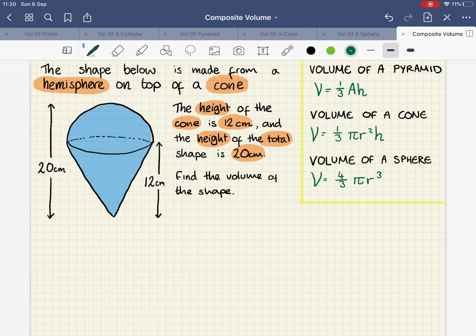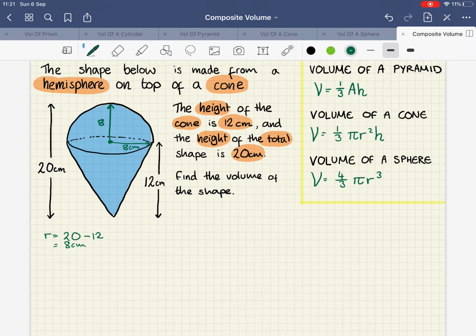So all I need to do is take the height of the total shape and take away the height of the cone, which is going to give me 8 centimeters. So my height here is 8 centimeters, and that means my radius of both shapes is going to be 8 centimeters.